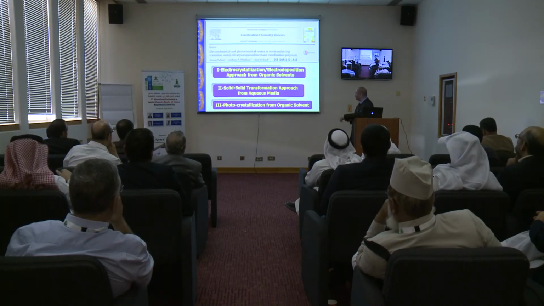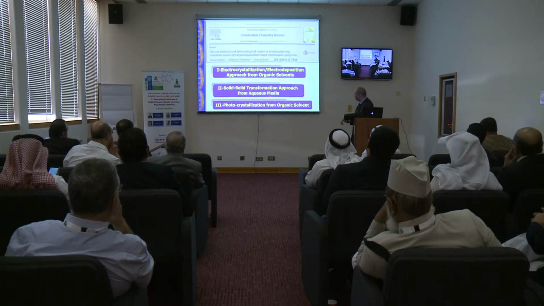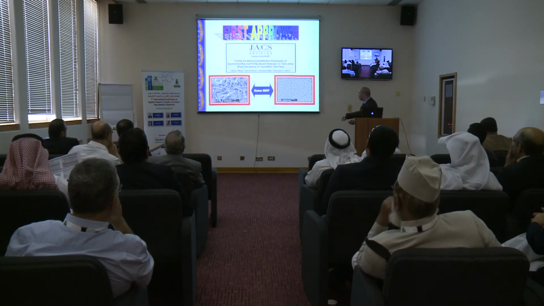One is electrocrystallization: we know about crystallization, but we use electrochemistry, of course in organic solvents. Sometimes we can do this chemistry in the solid phase, without even going to the solution phase, through solid-solid transformation. And the third is photocrystallization, again from organic solvents and ionic liquids.